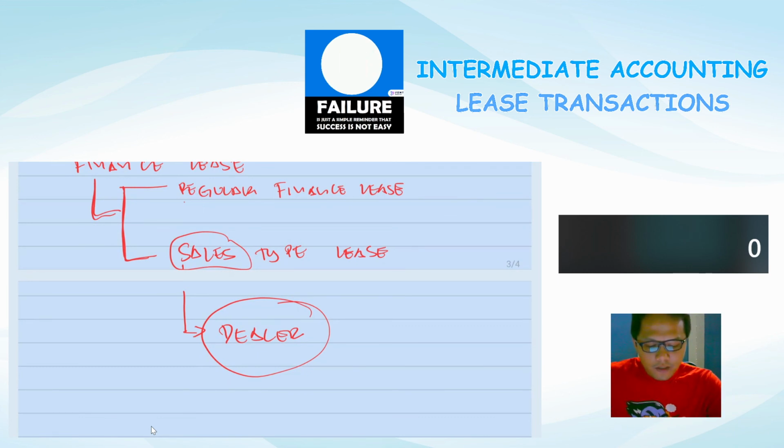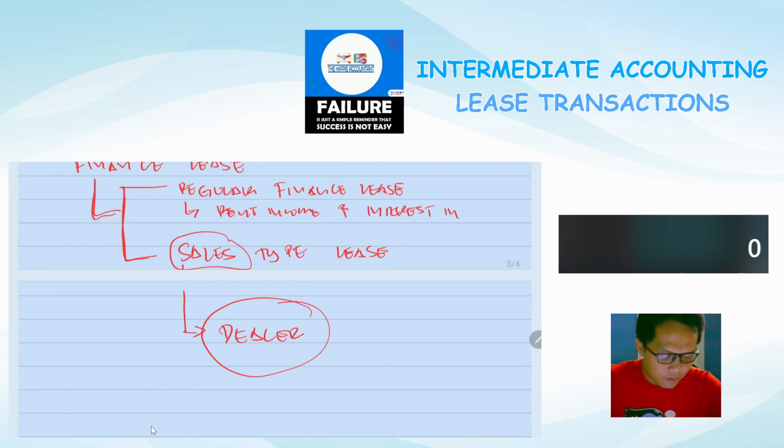In a regular finance lease, yung i-recognize lang talaga ni lessor is purely interest income.